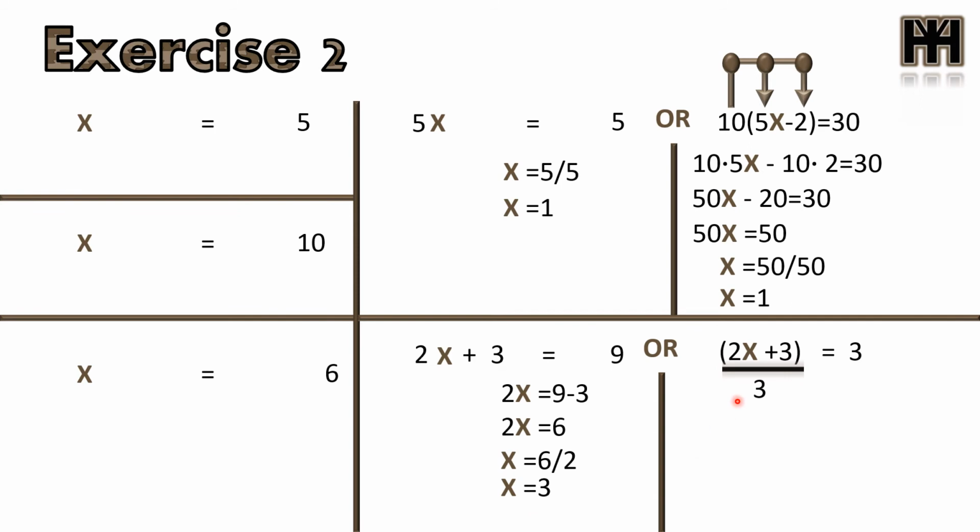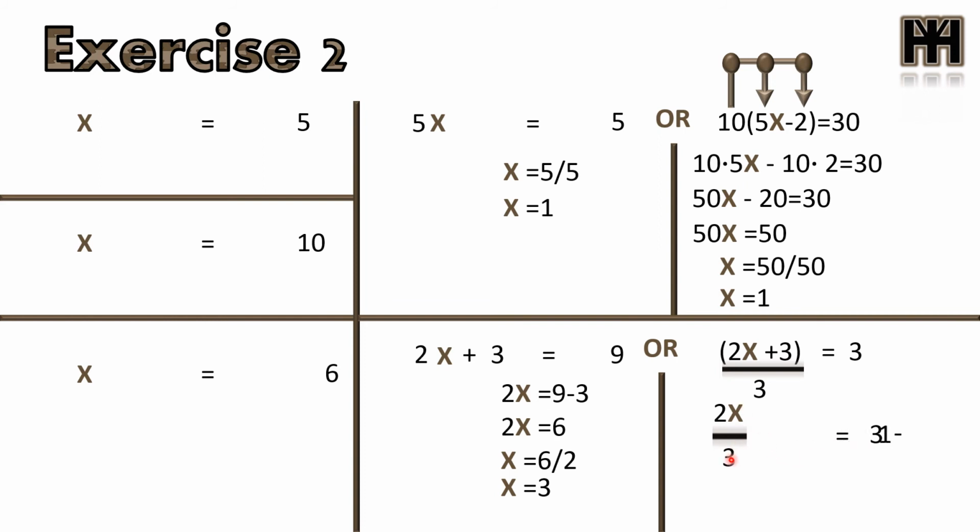Or, as previously, you can write 2x over 3 plus 3 over 3. We can divide both 2x over 3 and 3 over 3. As we did here, where we multiplied both, we can break the brackets first. So we have 2x over 3 plus 3 over 3. Anything over itself will be 1.